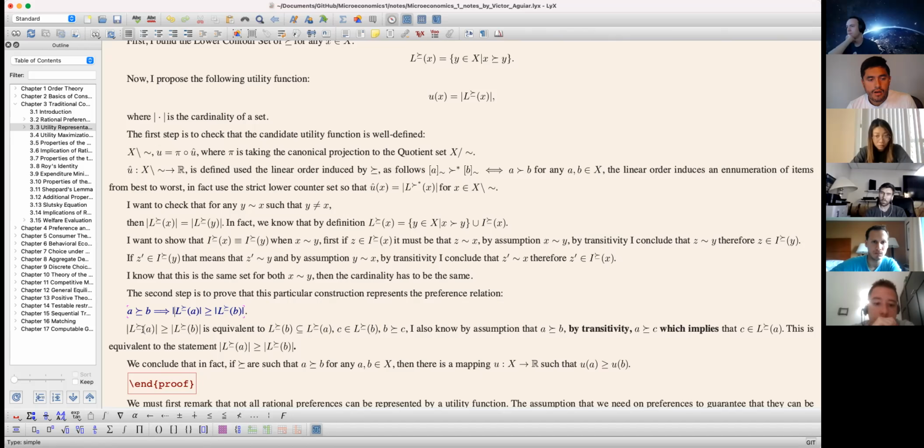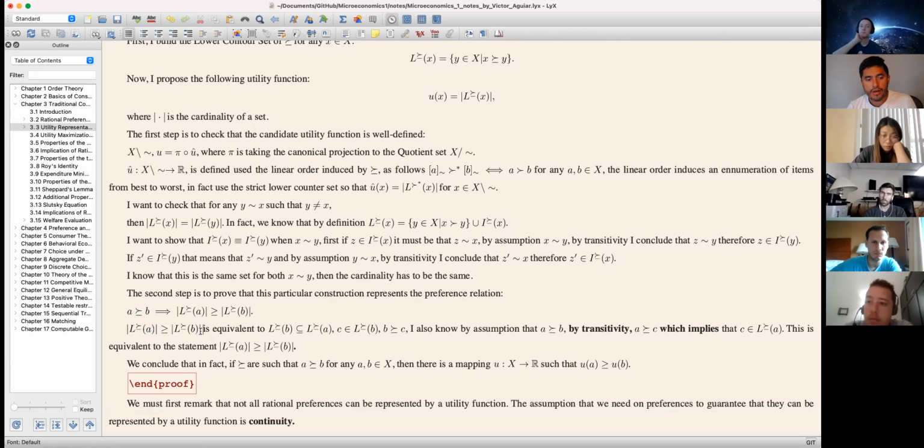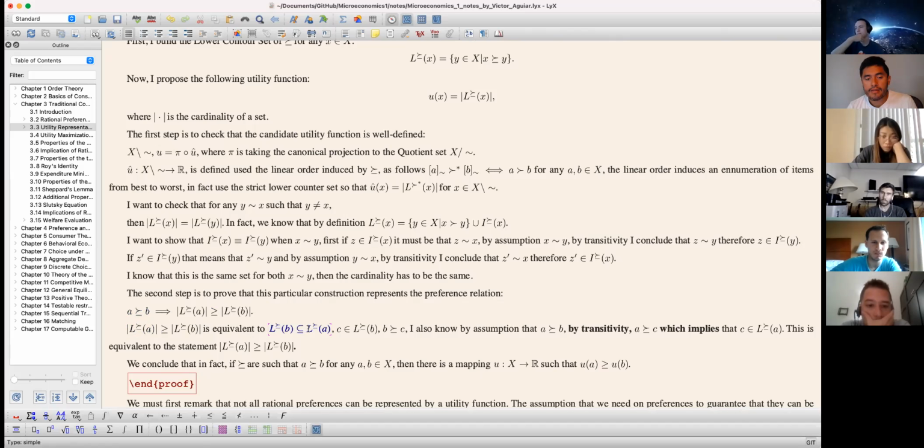Saying that the cardinality of the lower contour set of A is greater than or equal to the cardinality of the lower contour set of B is equivalent to saying that, in the sense of set inclusion, the lower contour set of B is weakly included in the lower contour set of A. Do you agree?